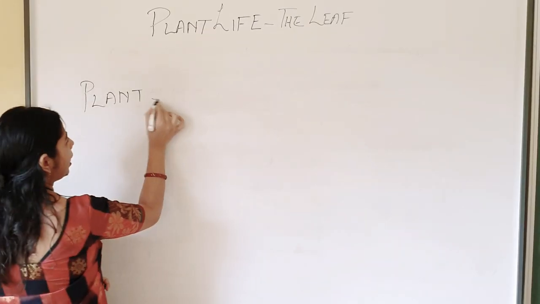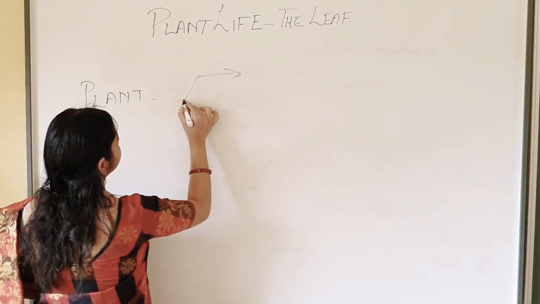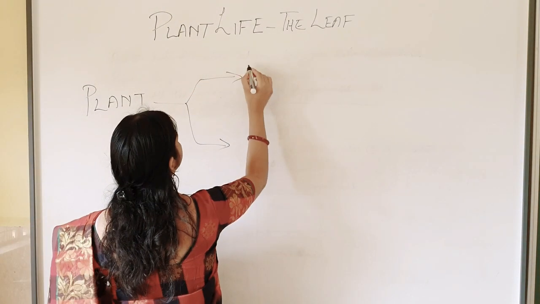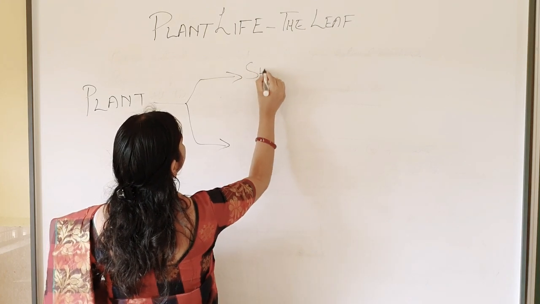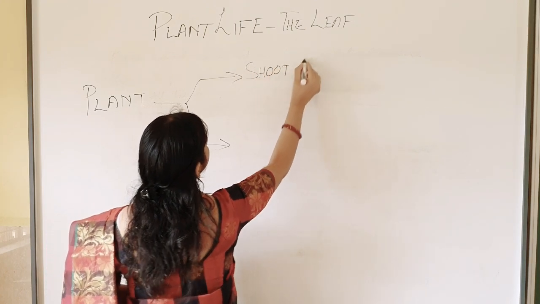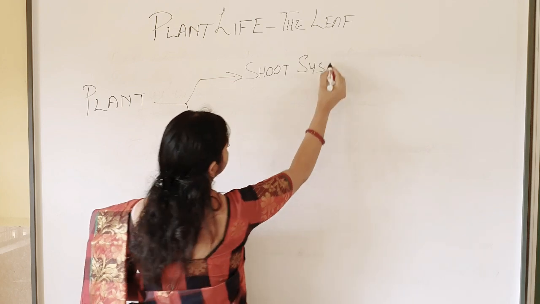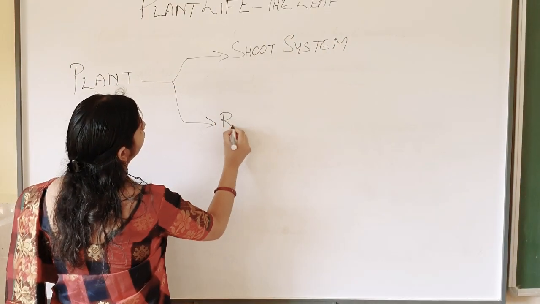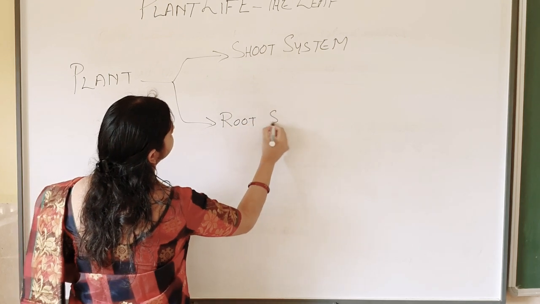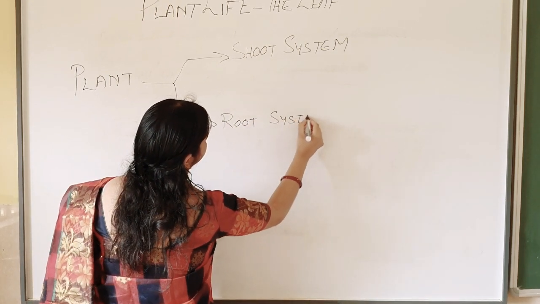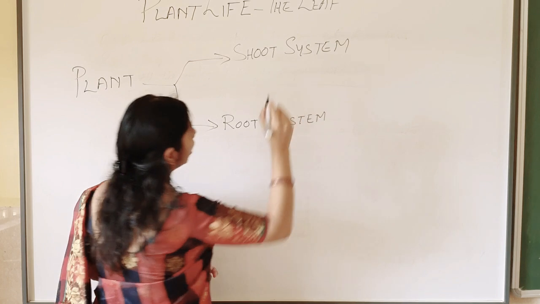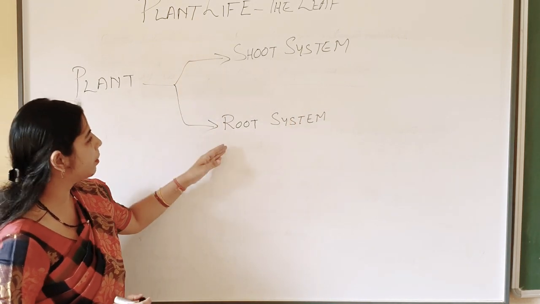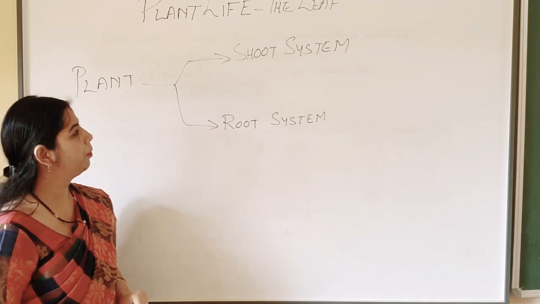The plant body has two main parts. First is the shoot system and second is the root system. Now let's familiarize ourselves with these two terms. What is the shoot system and what is the root system?